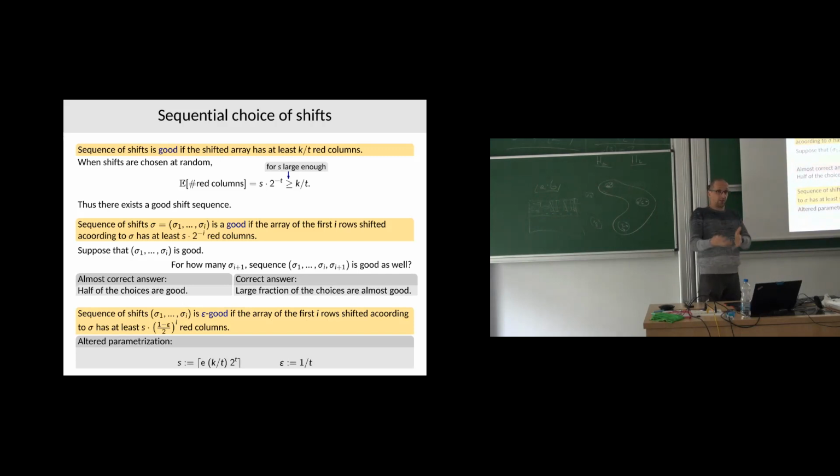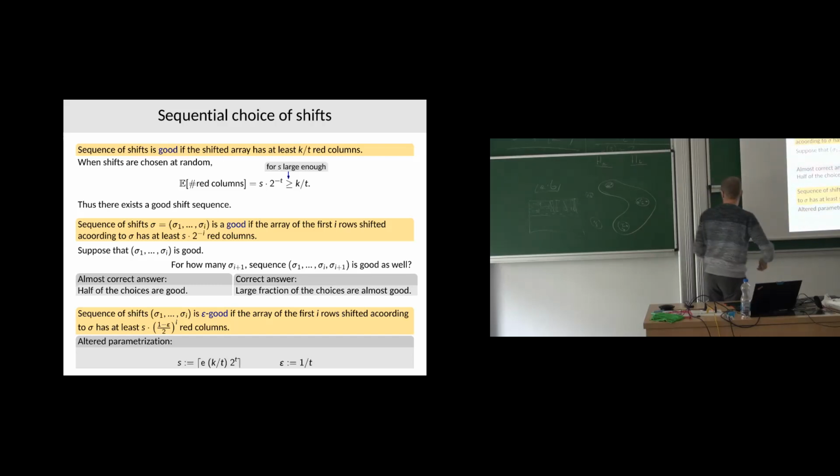Okay, so we relax this definition, and instead of saying that a sequence of shifts is good, we say it is epsilon-good. Instead of cutting by half each time we add a next shift, we allow reducing it by a factor of 1 minus epsilon. Okay, so we are going to lose something, right? Because now every next choice of shift reduces the number of columns a bit more. So it's good to see how much we lose by doing this.